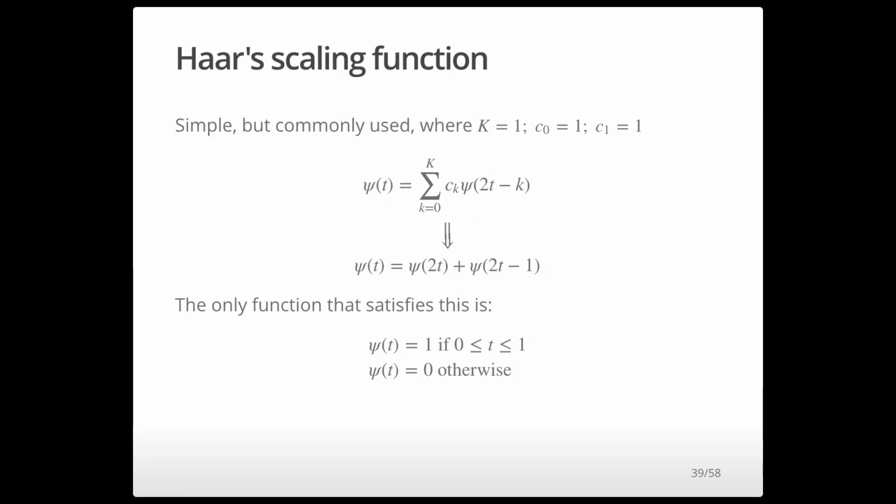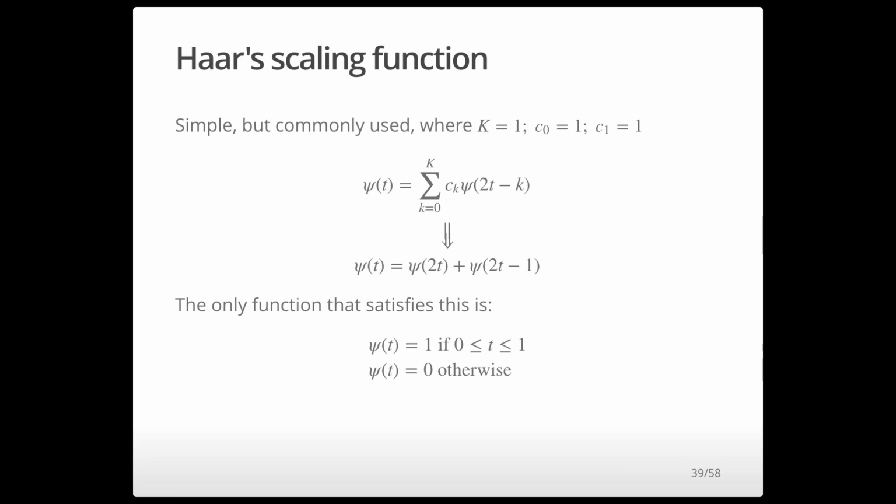Okay, the Haar wavelet is a well-known and well-studied one in the wavelet literature, and the way that works is capital K here is going to be 1, so this sum is going to go from k equals 0 to 1. Both C0 and C1 are equal to 1. So the weighting here is going to be unity in both cases.